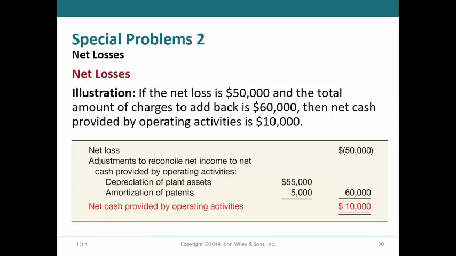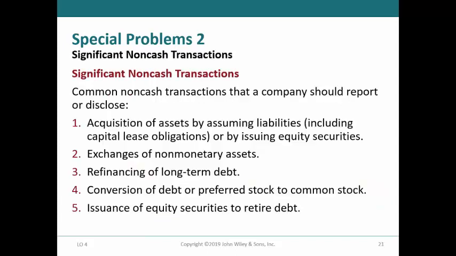As shown in this example, both the depreciation and the amortization of the patents are added back to the net loss to determine net cash provided by operating activities. As we can see by this slide, it is possible to have positive cash provided by operating activities even if there is a net loss. It is also possible to have negative cash flows from operating activities when a company reports positive net income.